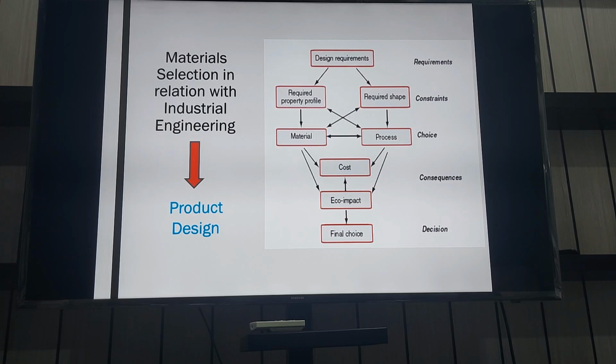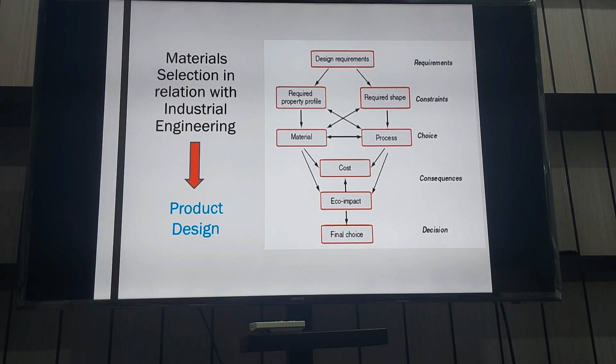But when we add another constraint, we want a helmet that is lightweight and safe on impact at high speed. Another constraint will limit our choices. Okay.